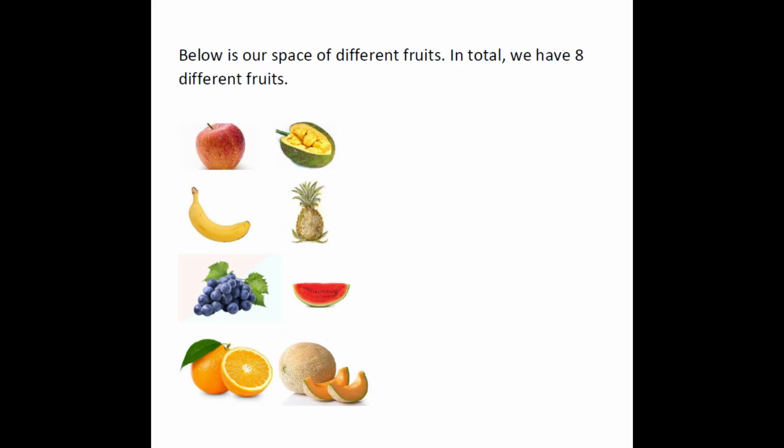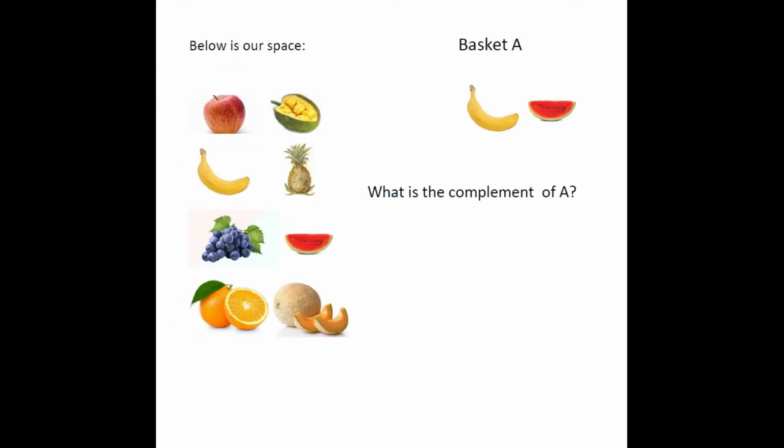Let's look at our space. Below we have 8 different fruits. Then our space of unique fruits is 8. Now let's look at our so-called complement.